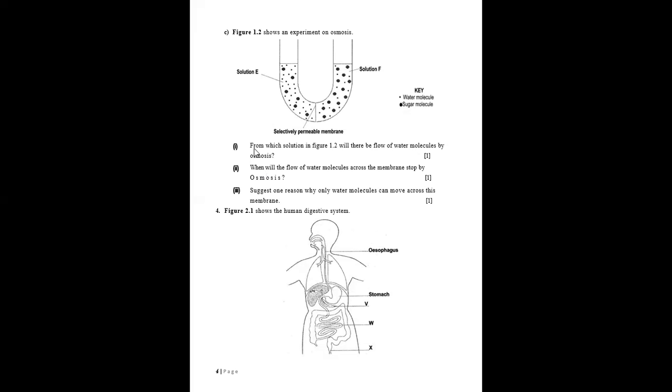And the question says, from which solution in figure 1.2 will there be flow of water molecules by osmosis? Solution A or solution F? So here the answer is solution A.